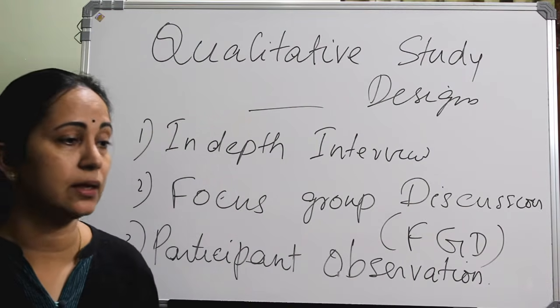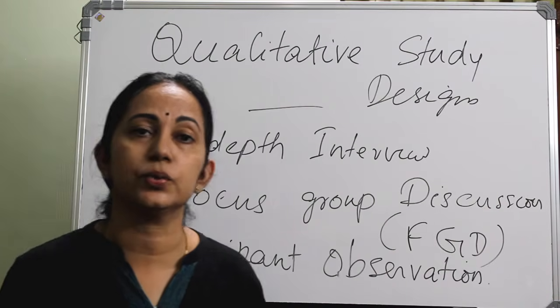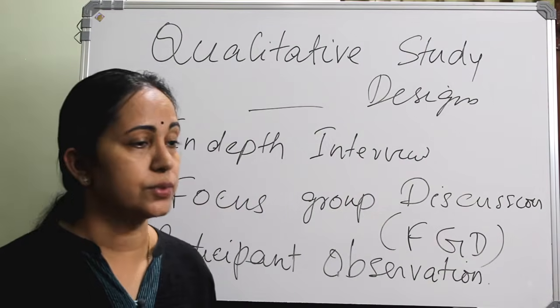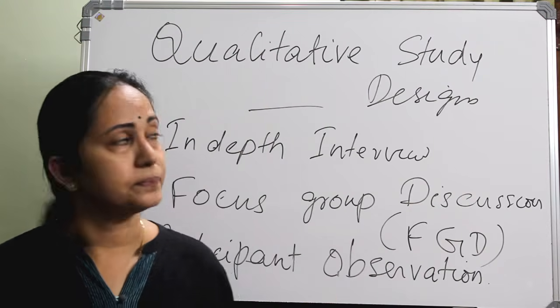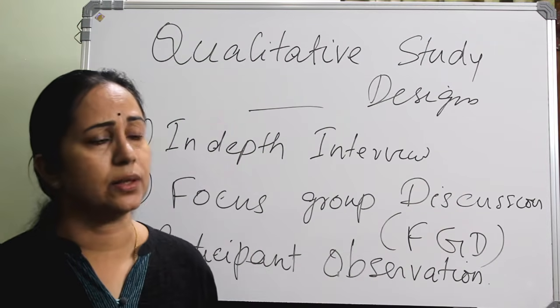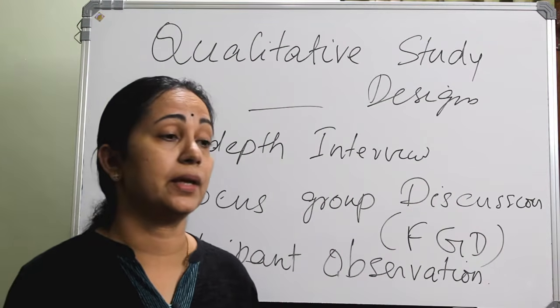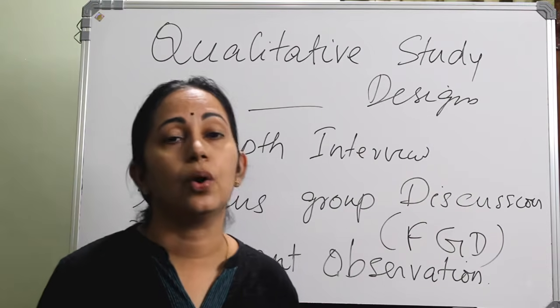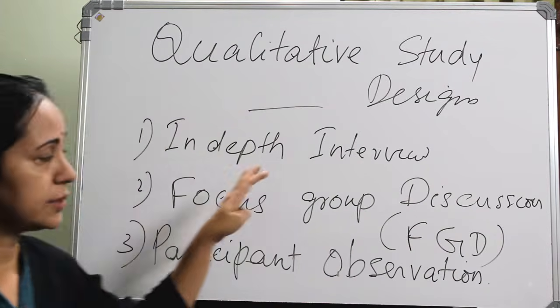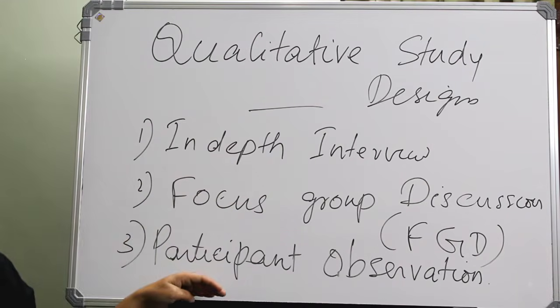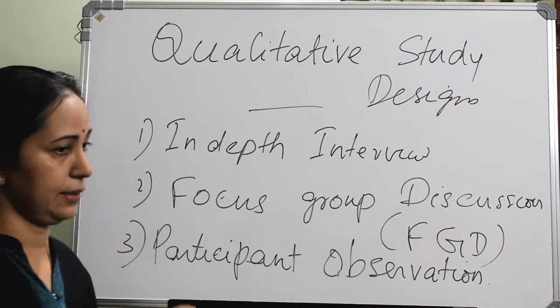In quantitative study, we use SPSS or R software, but in qualitative studies, the popular software can be NVivo, or you can use manual analysis also. I will discuss the three methods in detail.